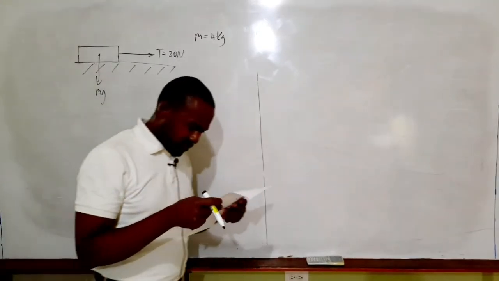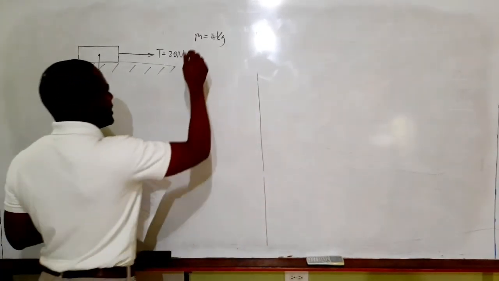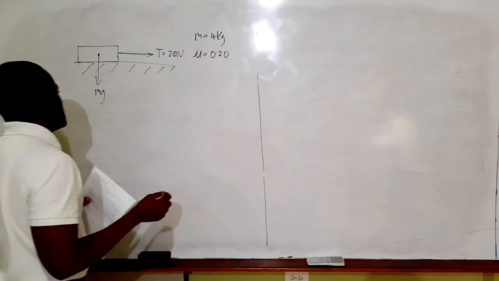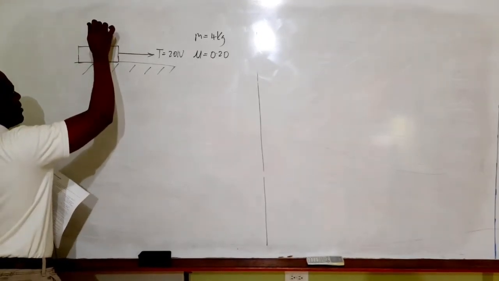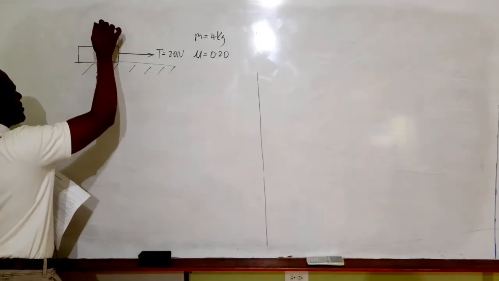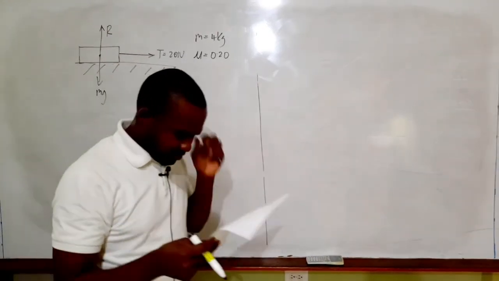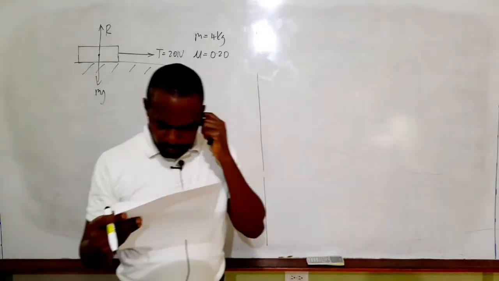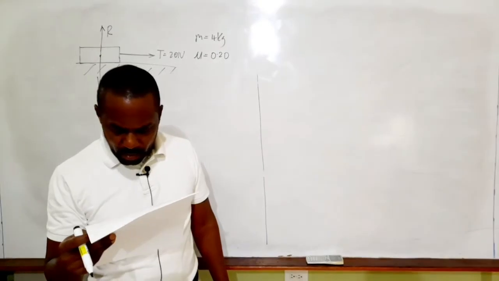The coefficient of friction between the particle and the plane is 0.2, so mu is equal to 0.20. Now there's a weight acting mg, there's also a reaction force R, right? They want us to find the acceleration of the particle.